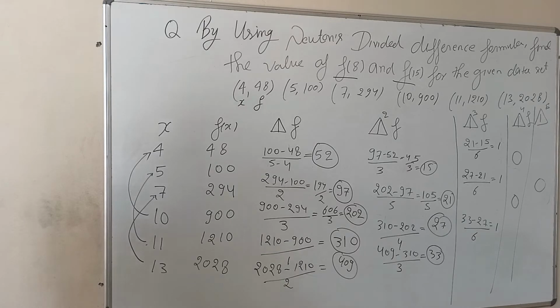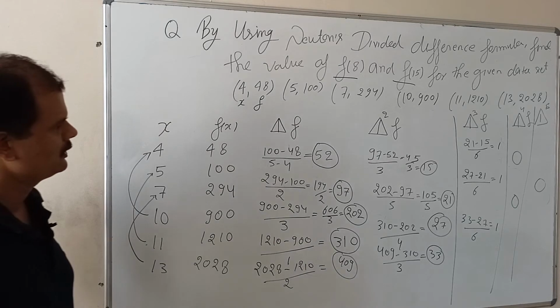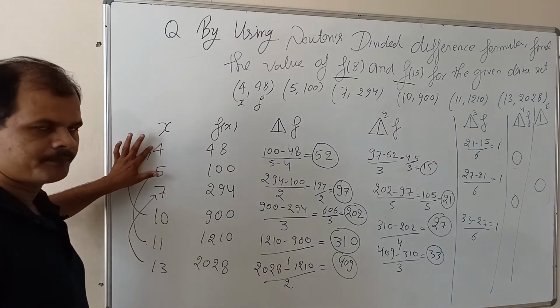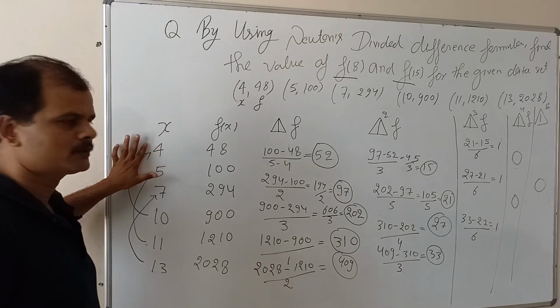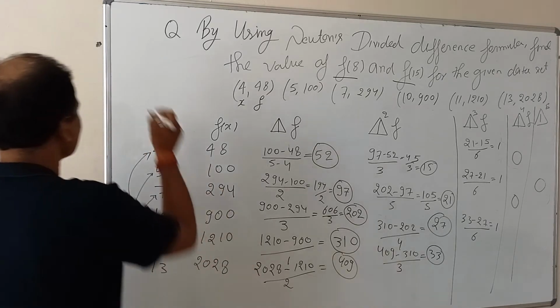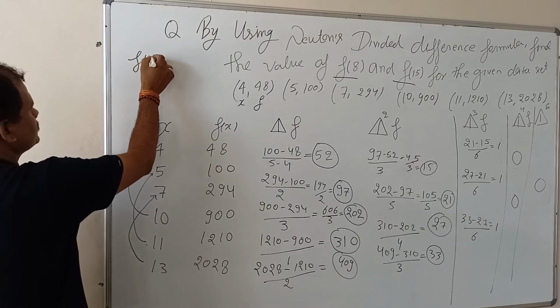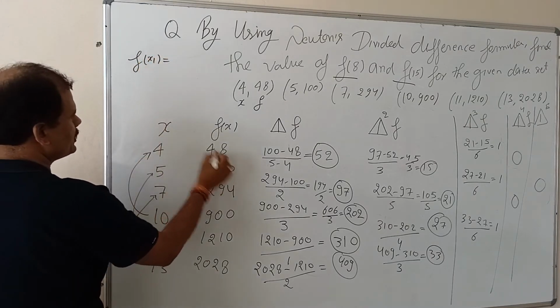Okay. So for writing the divided difference formula, x1 is the reference point. So we need f of x1. What is f of x1? 48.